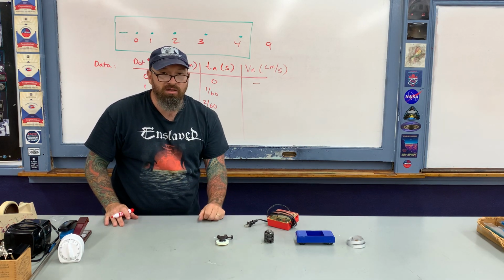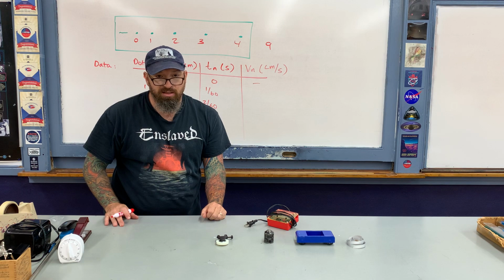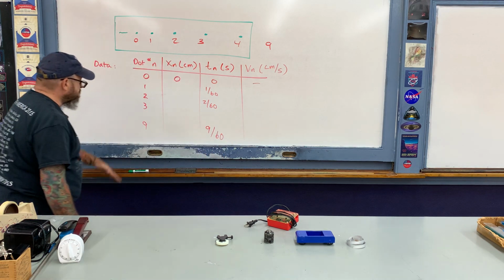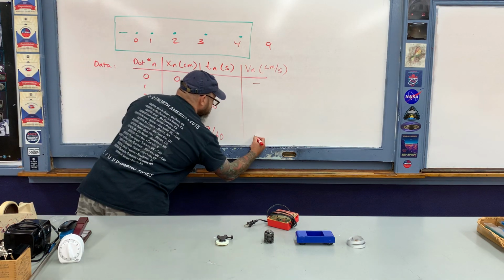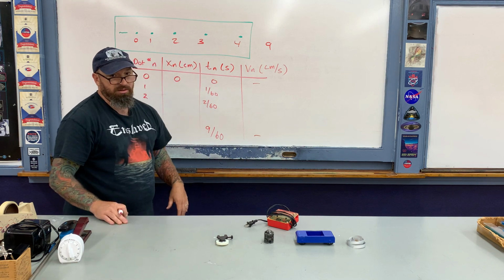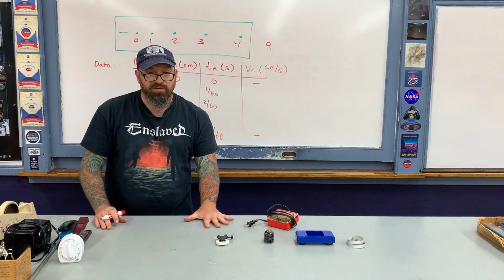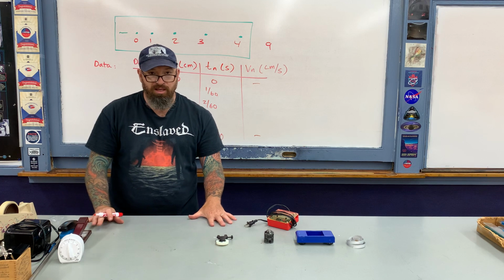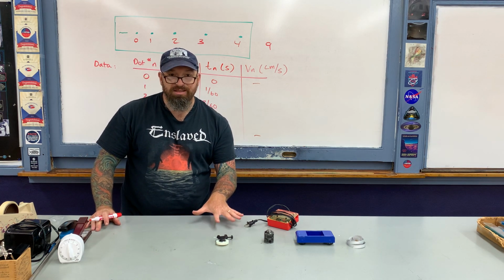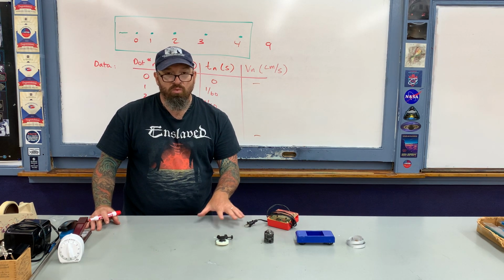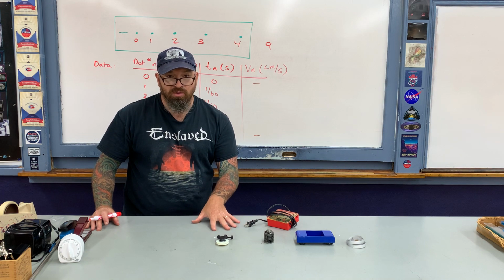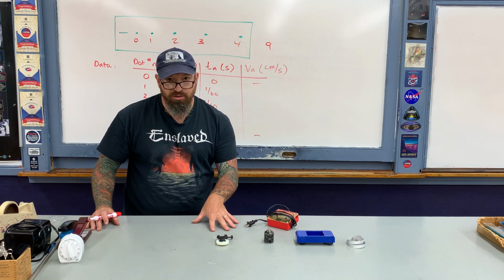So you can't use the formula to find the velocity at dot 9. So also on your data table for dot 9, you put a slash here for the velocity like so. So you use this little formula to find the velocity for dots 1 through 8. We'll use this formula consistently throughout this course when using these spark timers to ultimately describe motion under an acceleration.